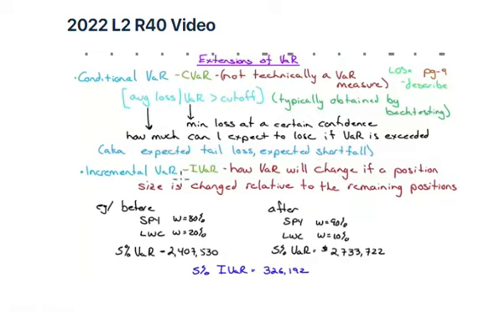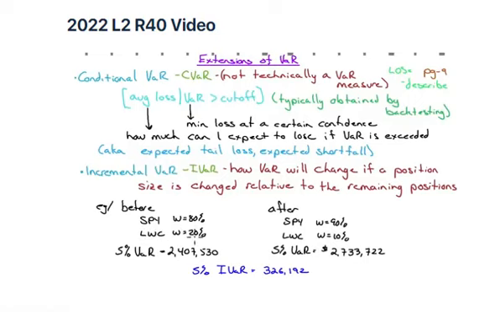Incremental VaR, IVaR: how VaR will change if a position size is changed relative to the remaining position. So let's take an example. Here's what we had: SPY and LWC weighted 80 and 20. We found the 5% VaR at 2.4 million. But what if we wanted to weight SPY at 90%? What would be the incremental VaR?